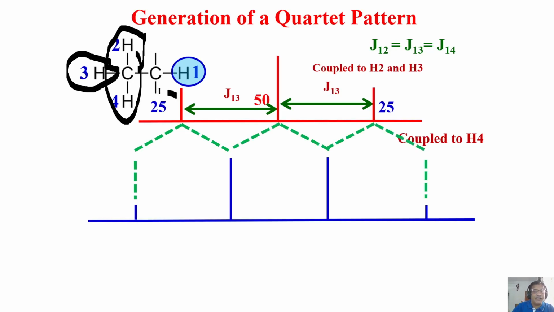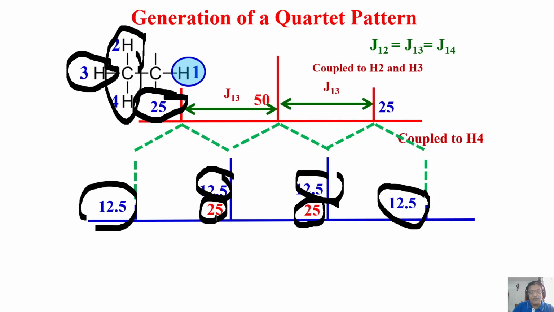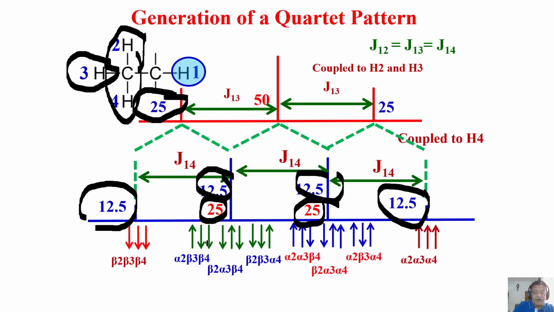This 25 intensity splits into a doublet. This will become 12.5. This splits into 2. It will be 25 and 25. And of course this 12.5 splits into 2, 12.5, 12.5. So now intensity is 12.5 here. This adds up. 25 plus 12.5 is going to be 37.5.